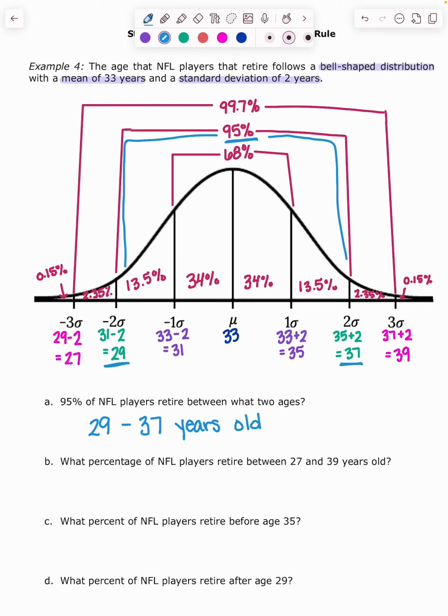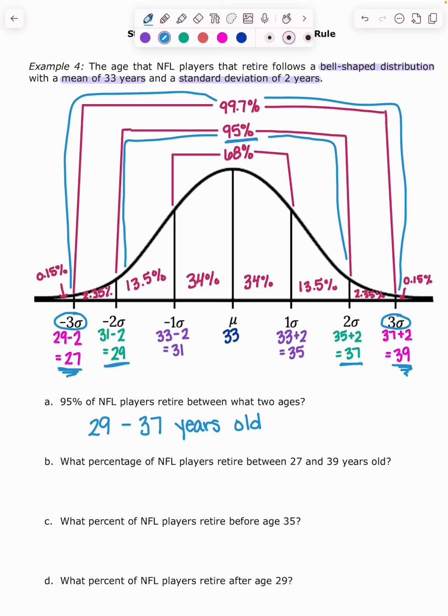What percentage of NFL players retire between 27 and 39 years old? So here is my 27, and here is my 39. Looking at these, I can see that these are both 3 standard deviations away from the mean. I can also see that they're the same color because I've color coded this, so that also helps me see that they're on the same line, which means I can follow this line that I've drawn up to find the overarching percentage.